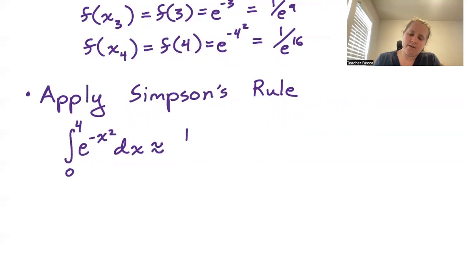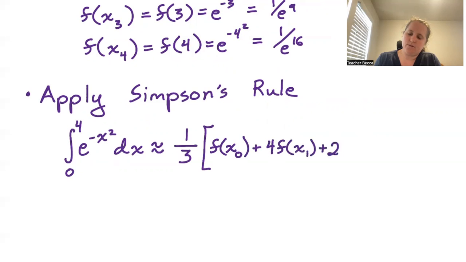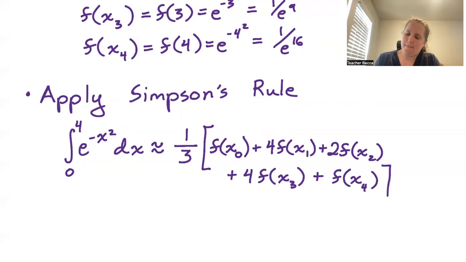Our delta x was 1, divided by 3, times f of x0 plus 4 f of x1 plus 2 f of x2 plus 4 f of x3 plus f of x4. This one's a short one. We are only doing 2 parabolas.